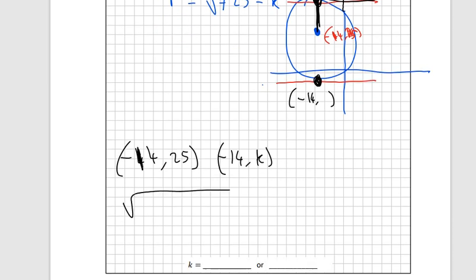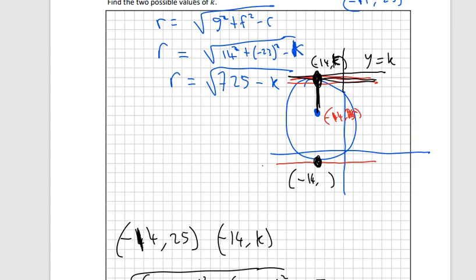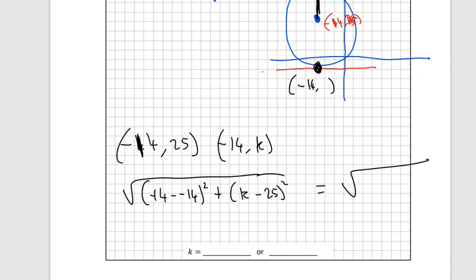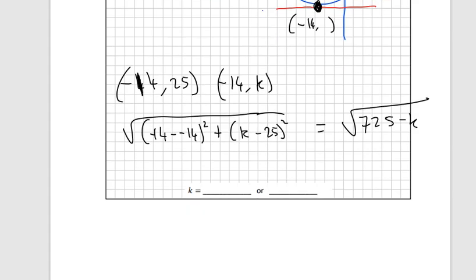So distance formula: x2 minus x1, that's minus 14 minus minus 14, which is just 0 squared, plus k minus 23 squared. And that will have to be equal to the square root of 725 minus k, because that's what the radius is. Now we can square both sides and get rid of the square root, so k minus 23 squared is equal to 725 minus k.